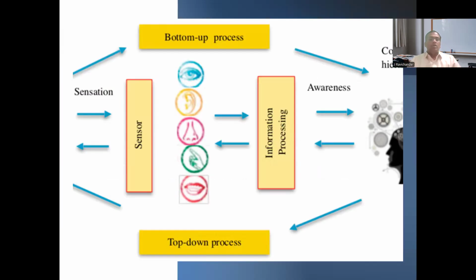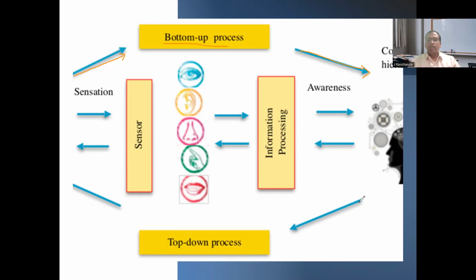Now coming to the block diagram of the bottom-up process and the top-down process. The above is the bottom-up process, where we take the input from the sensor and estimate the thing.